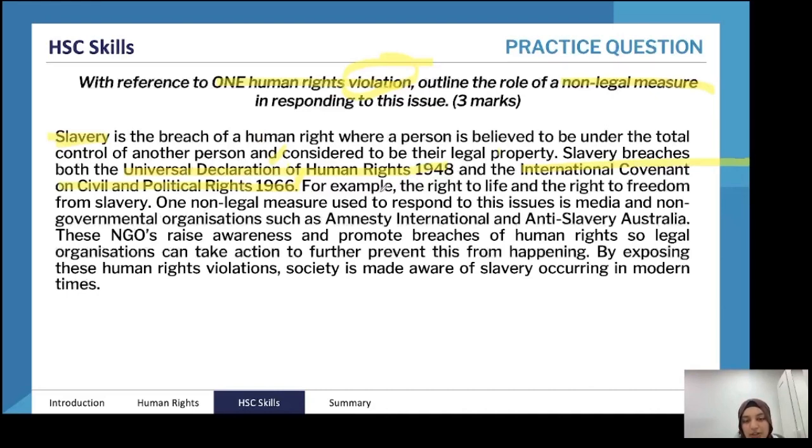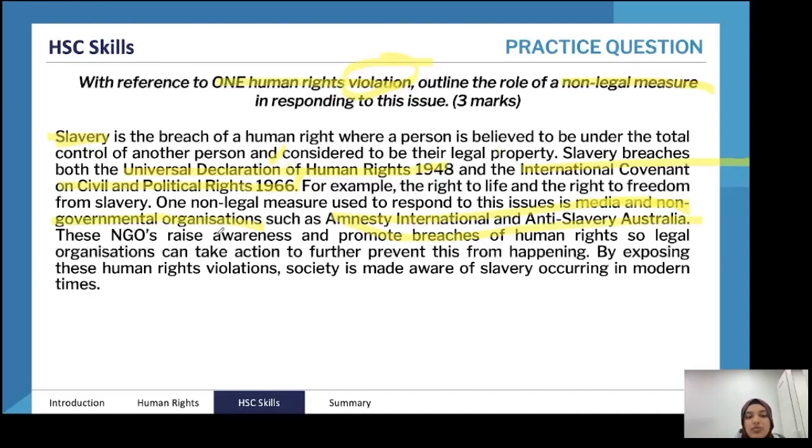So one non-legal measure used to respond to this issue is media and non-governmental organisations such as Amnesty International and Anti-Slavery Australia. So we've literally got examples again to show the marker that we know what we're talking about, and we've got the relevant examples to back up what we're saying.